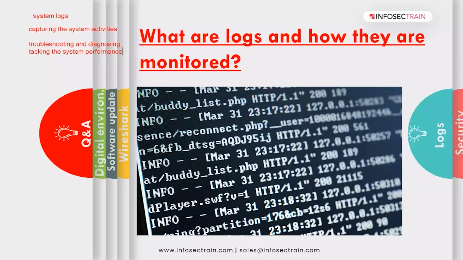After this, we have your application logs. Our application logs focus on the activities and the behavior of a particular software application or the services. They will have a record of user interactions, errors, application crashes, data transactions, and performance optimization.